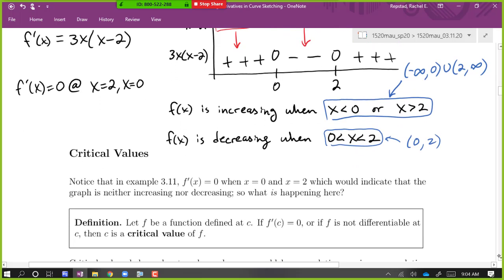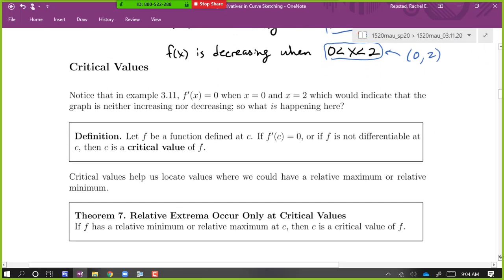A critical value is defined to be values where the derivative is either 0 or not defined. So if I find the derivative, I plug in that value, and it gives me 0, it's a critical value. Or if it makes me do something like divide by 0, so it's not defined, that's also a critical value.